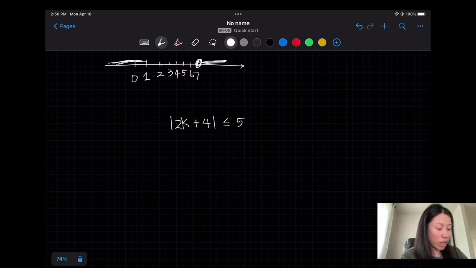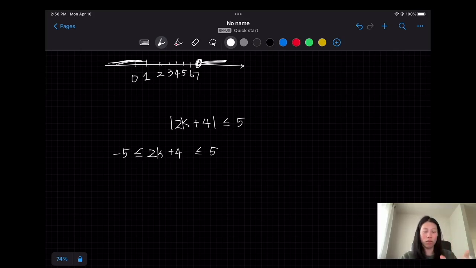That means the result should be 2k + 4 is less than or equal to 5 and greater than or equal to negative 5. So if the inequality is less than, the result should be in between. When you're solving these, it will be the same. You need to subtract 4 on both sides to get rid of the 4.